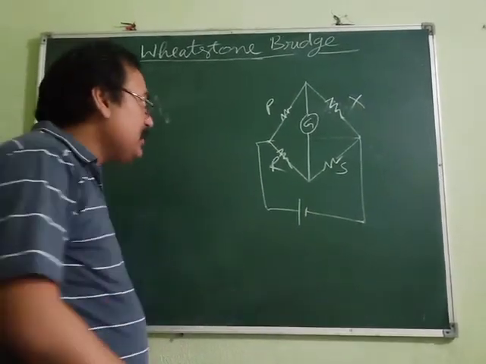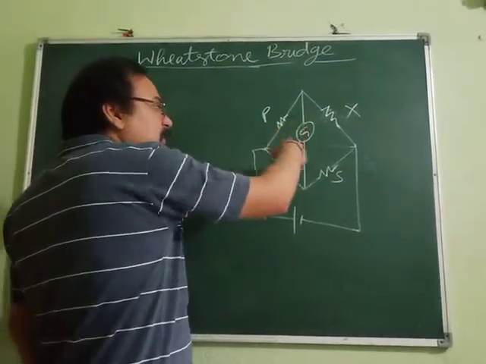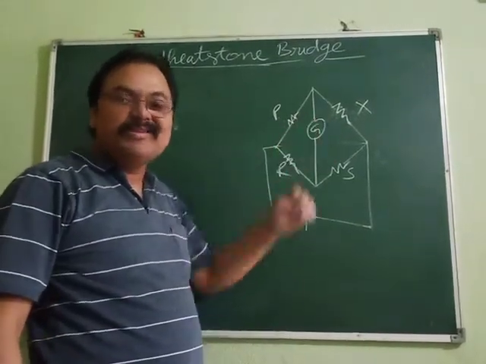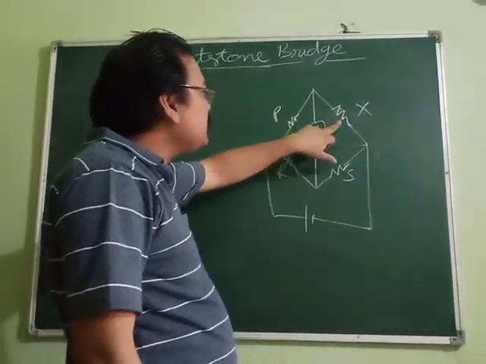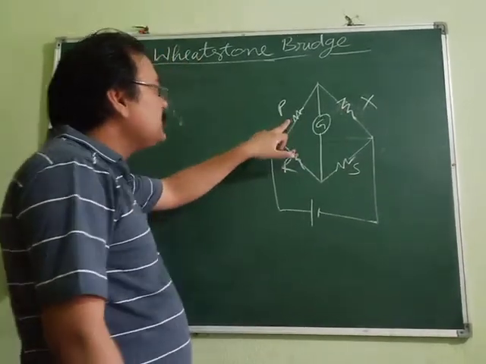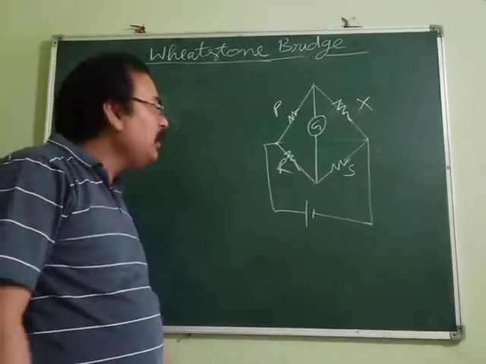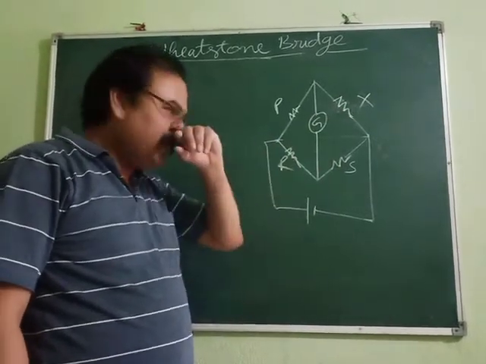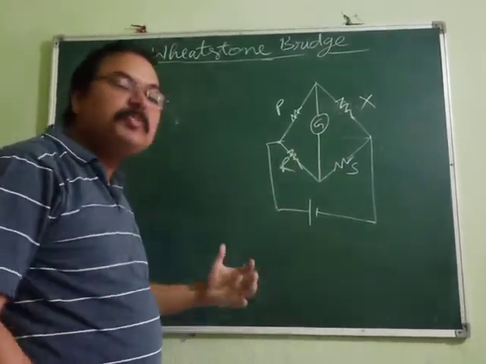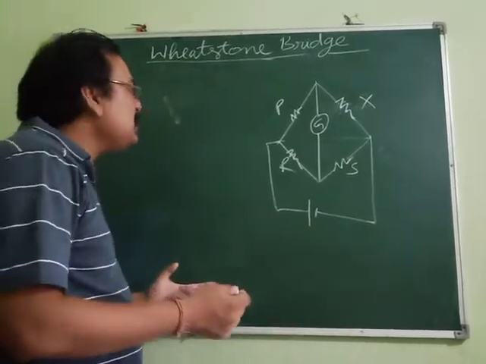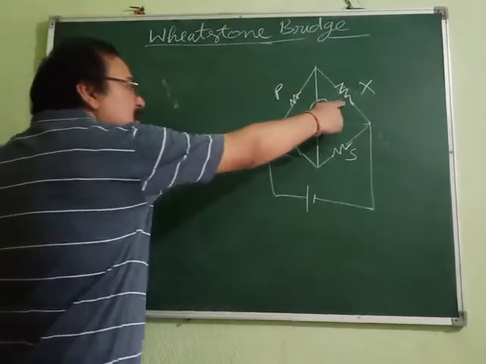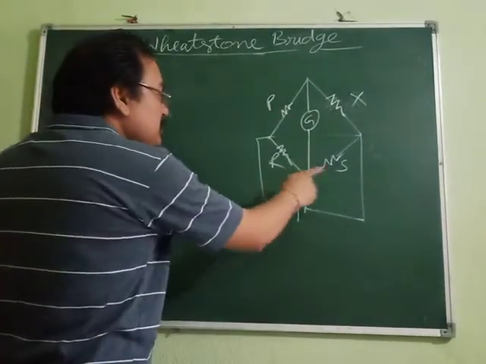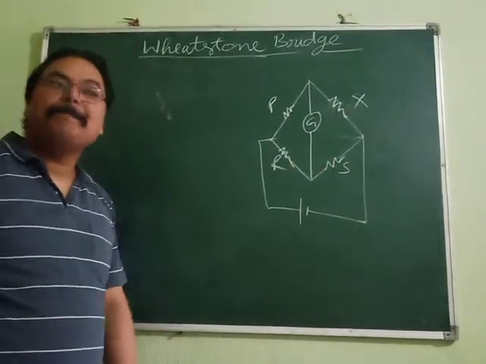See, the condition is that, as you know, there is no current flowing through the galvanometer, so the presence or absence of the galvanometer is not going to affect the resistance. Now, this resistor is connected in series, and these two are connected in parallel with this. So for the Wheatstone bridge to be more sensitive, the resistance which is connected in series with the unknown resistance must be greater than the resistances connected in the parallel combination.